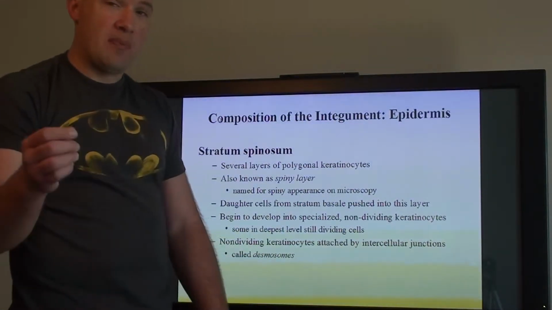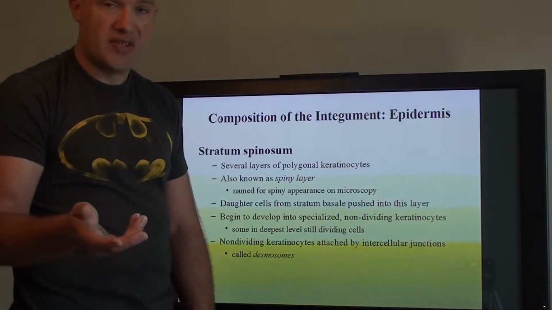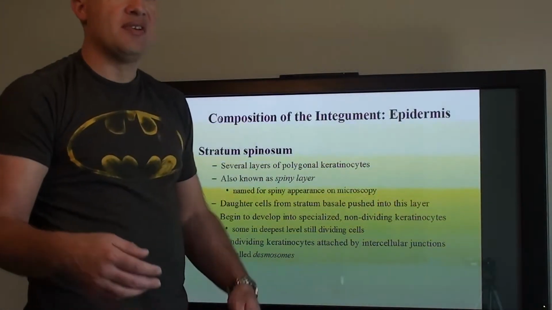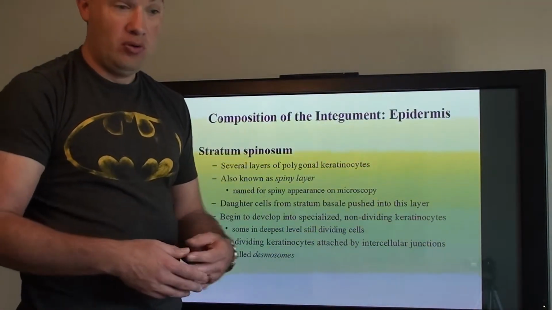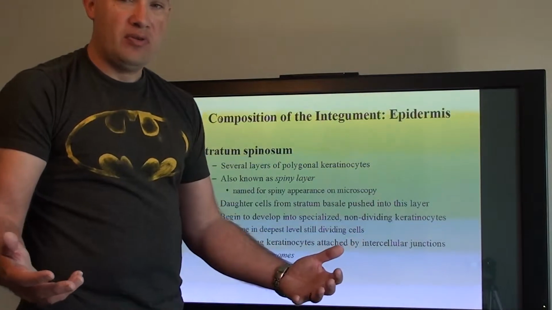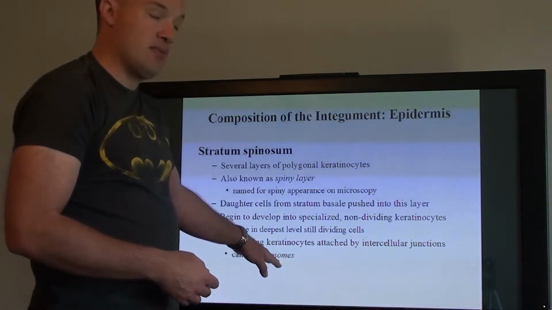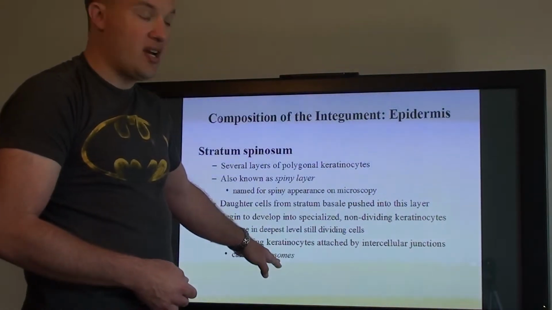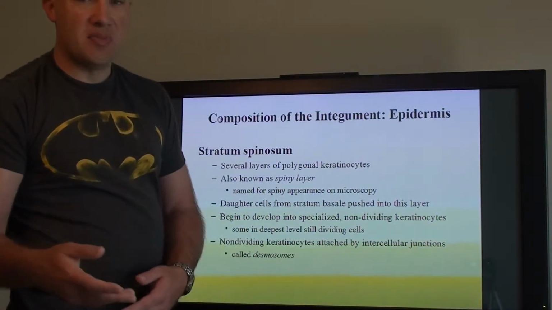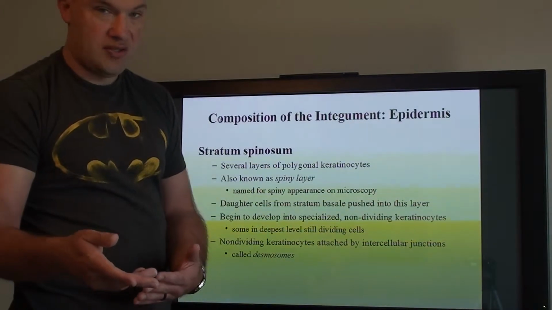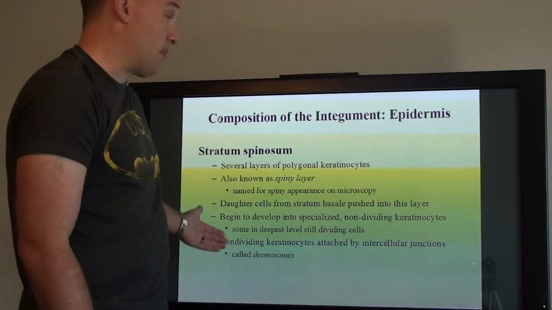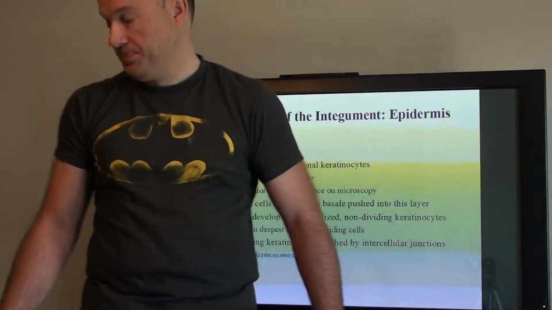Those are the junctions that basically have fibers in between the cells. They help with stress. Think about it, our skin has to move. As all of our limbs move, as our bodies move, it's got to stretch over things. And so we're going to see where the skin cells are subjected to a lot of stress. That's when we have these desmosomes that act as the junctions in between these cells, and particularly in the stratum spinosum.